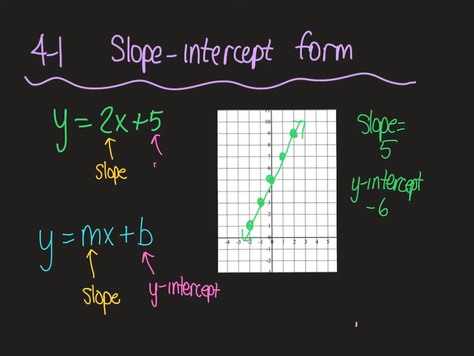In my example up here, it crosses the y-axis at 5. So let's look at my picture. Right here is 5, and I went up 2 over 1, because the slope is 2, which is the same as the fraction. I could also make it negative, negative, so down and left.